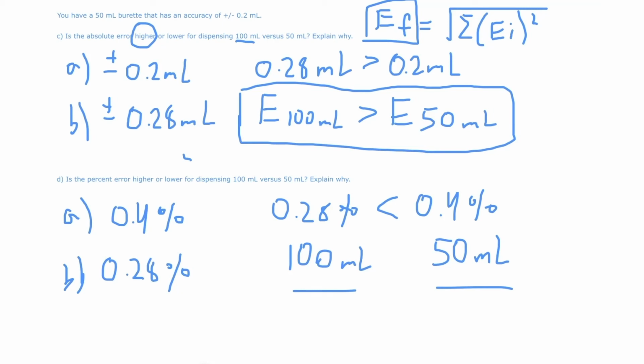That means you'll have a lower percent error for more measurements taken, as in the case of the 100 milliliter method in part B, when the burette was used twice to gather 100 milliliters of fluid. So the correct answer for part D is that the percent error is lower for the 100 milliliter method using the burette.